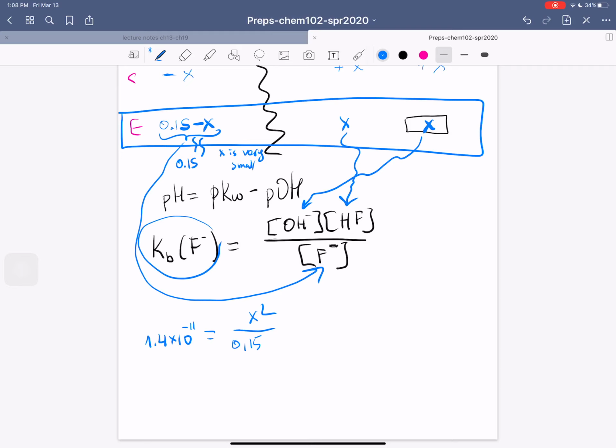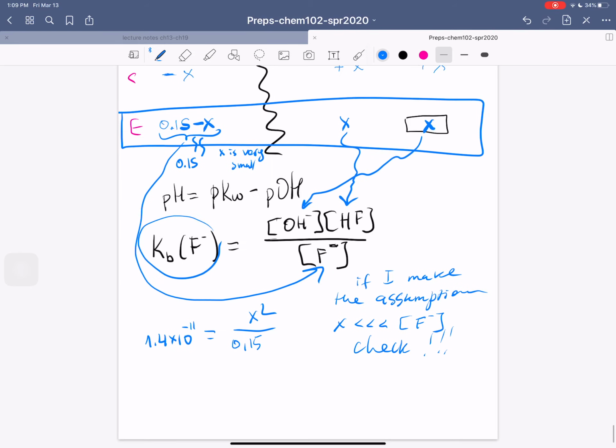But remember, I have to always check my assumption at the end, meaning that if I make the assumption that x is way, way smaller than the initial concentration of the fluoride, then I have to check it, validate it.